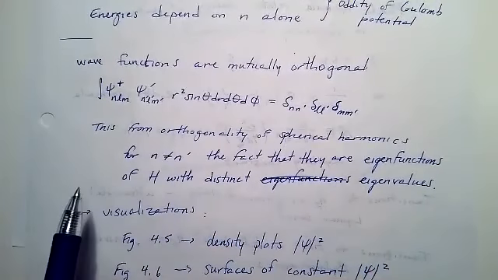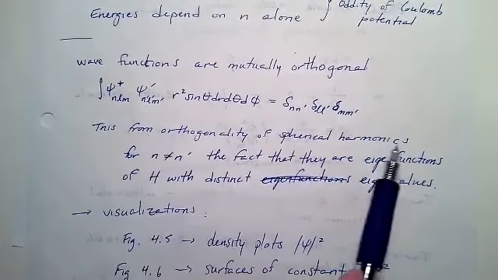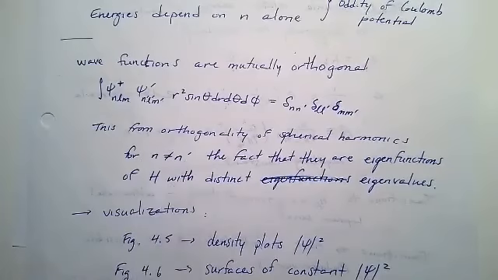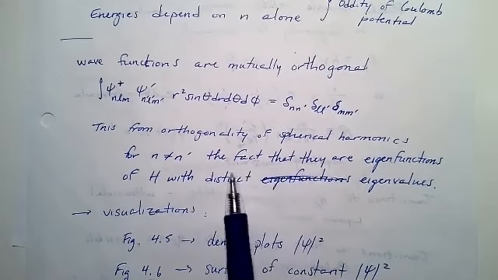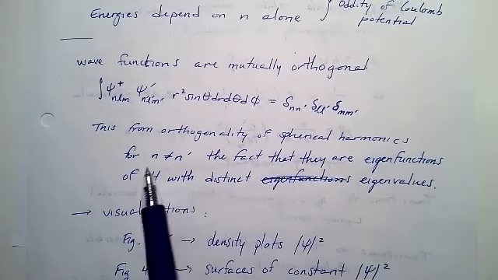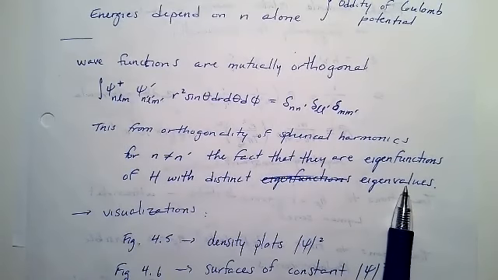So they are mutually orthogonal. This is coming from the orthogonality of spherical harmonics. So when you have different quantum numbers in there, they are mutually orthogonal. And they're eigenfunctions of our Hamiltonian with distinct eigenvalues.